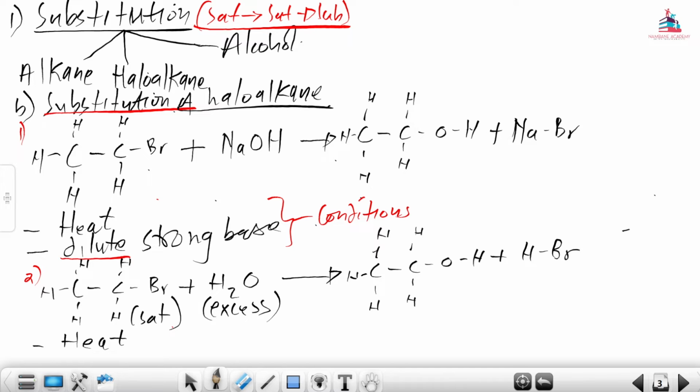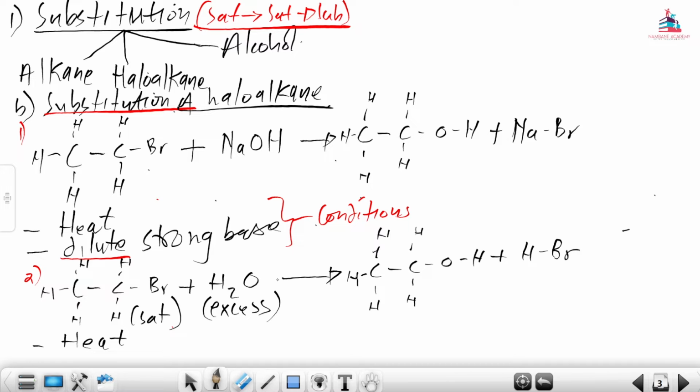To outline that, we say this water must react with a saturated organic molecule. Once it reacts with a saturated organic molecule, it allows us to say the product that will be formed will be a saturated organic molecule.